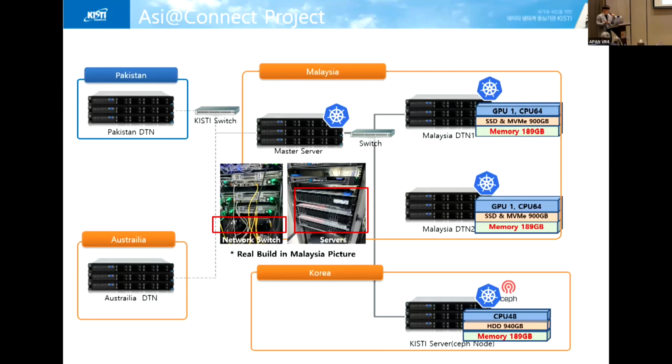Australia donated one D10 server, and in the case of Pakistan, one switch and one server will be transferred and completed in March or April. Professor Ashku of Pakistan continues to help, and in Korea, a server is built and connected to the Malaysia master node.